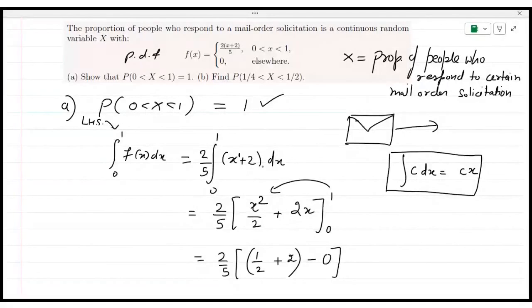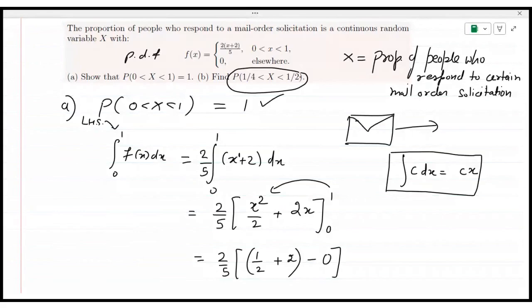They are saying find the probability, what are the chances that more than one fourth of the people, but fewer than one half of the people will respond to this type of mail order solicitation. They have not given this directly, they have given it in words. So you have to know that they are asking this.